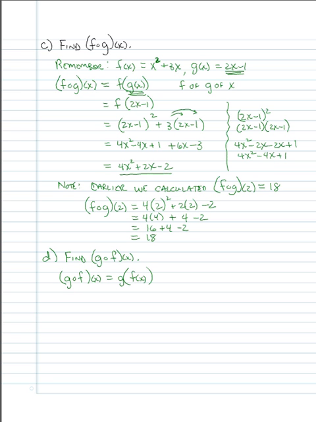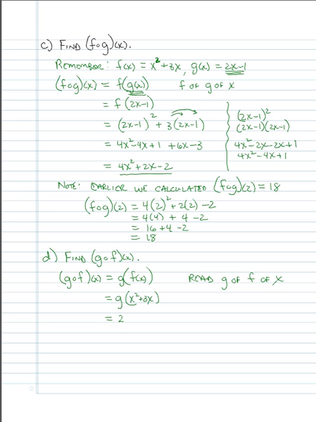So I read this as g of f of x. But f of x, remember, is x squared plus 3x. So inside these parentheses, we replace f of x with what it's equal to, and that's x squared plus 3x. So now we have an input into g. And the input's x squared plus 3x.